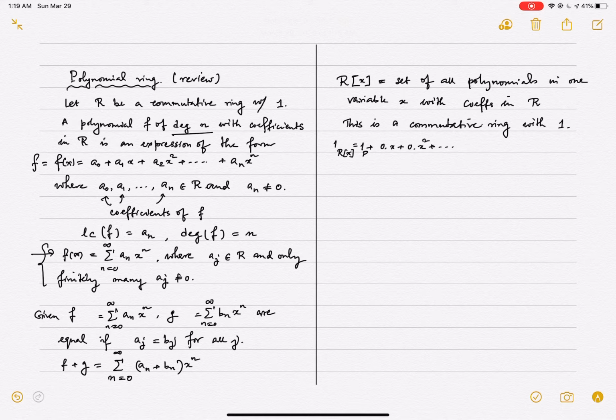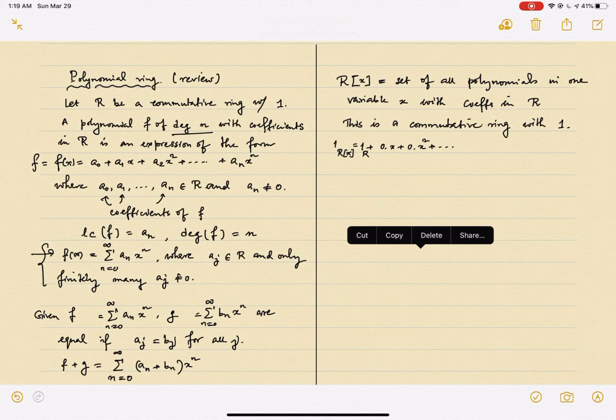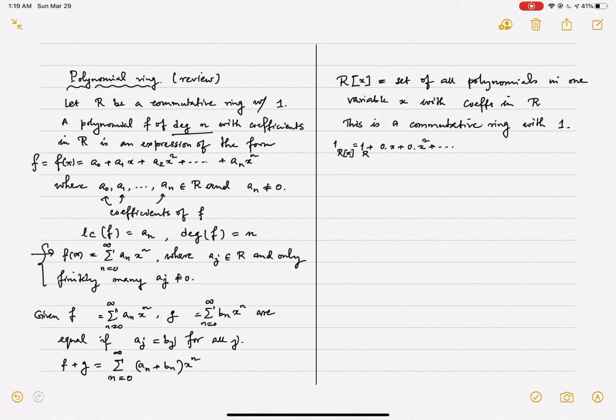And this one is the 1 of R. And in this way, every element of R is naturally identified inside R[x] as degree 0 polynomials.